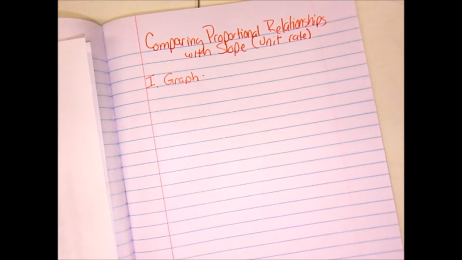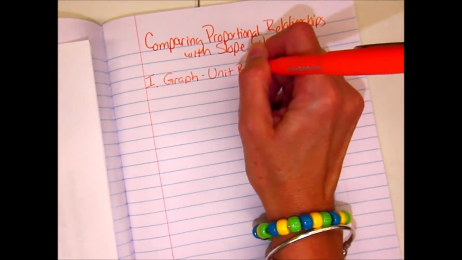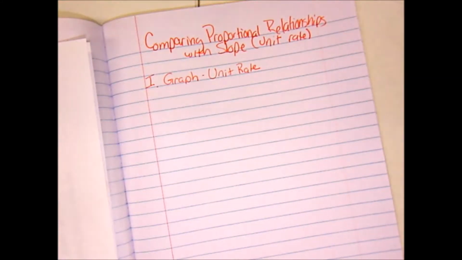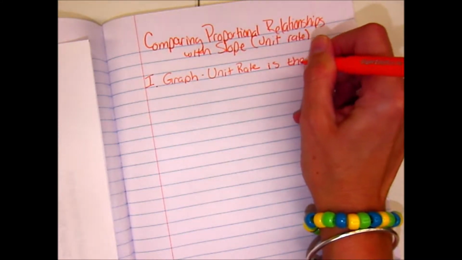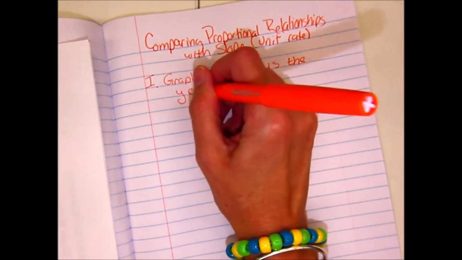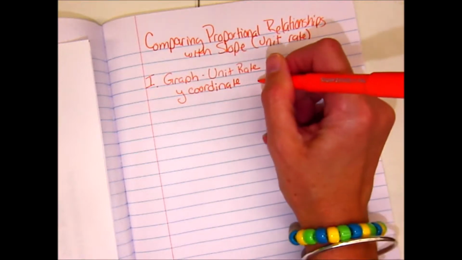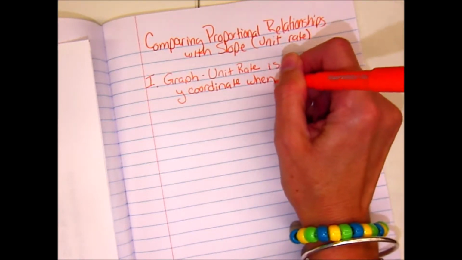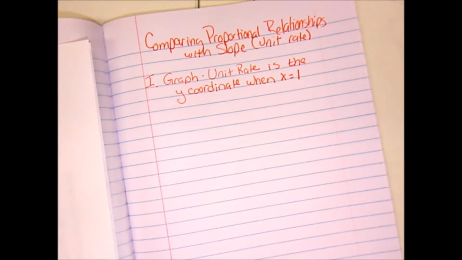So if we are looking at a graph and we are looking for unit rate, unit rate is the y coordinate when x equals 1.